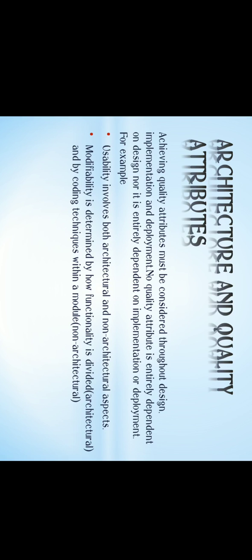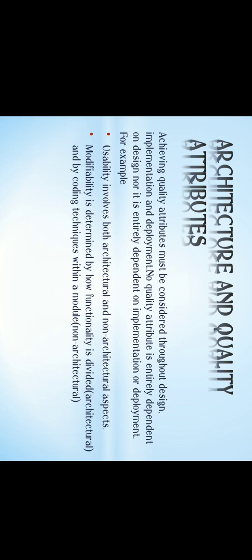Architecture is a physical model and logical model. The non-architecture is a phenomenon, the qualities of good attributes. Next, modifiability is determined by how functionality is divided, which is architectural, and by coding techniques within a module, which is non-architectural.